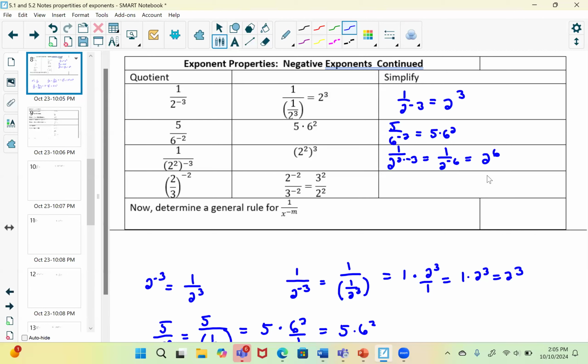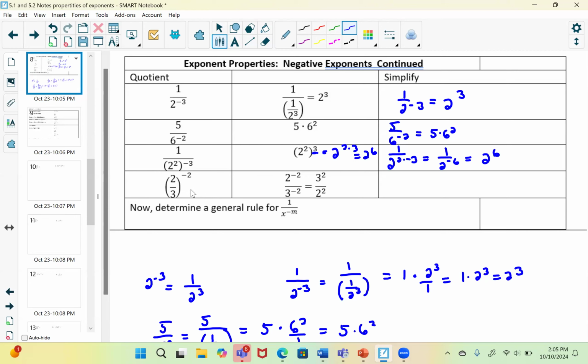So if I have a negative 6 in the denominator, I move it to the top. The other way you can think about it is that if I have a negative exponent, I can move it to the numerator and make that exponent positive. I'm not changing the 2 squared, because I'm just moving the negative exponent to the numerator. Then we can multiply our exponents, 2 times 3, and we get 2 to the 6. I think it's easier to first multiply them and then move it in this case, but either way works.